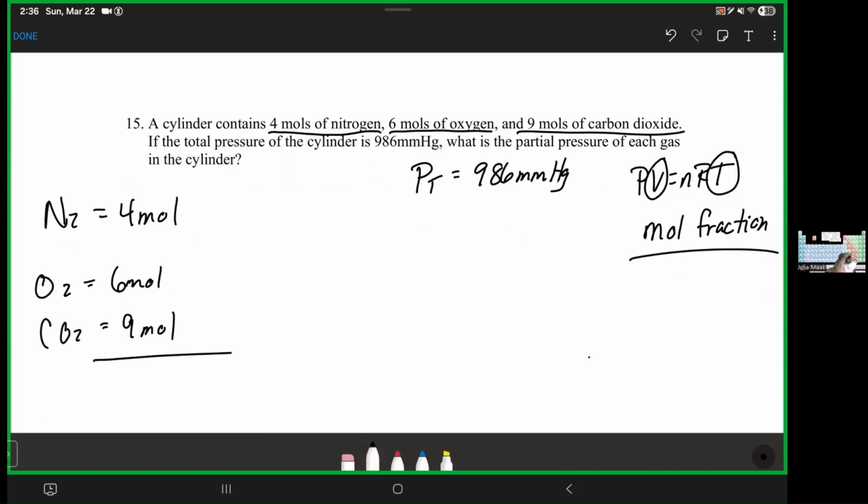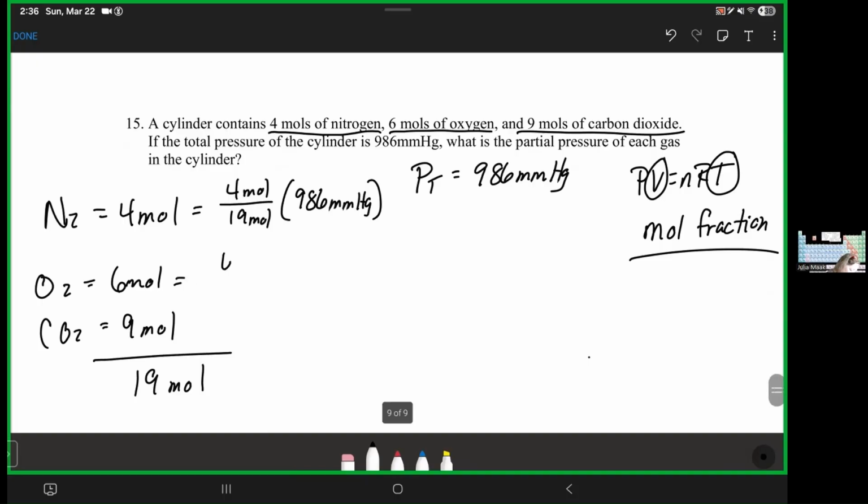My total number of moles here is, what do I have there? 19 moles. So I have 19 moles total. My nitrogen is 4 moles over 19 moles times my total pressure. My oxygen is 6 moles over 19 moles times my total pressure.